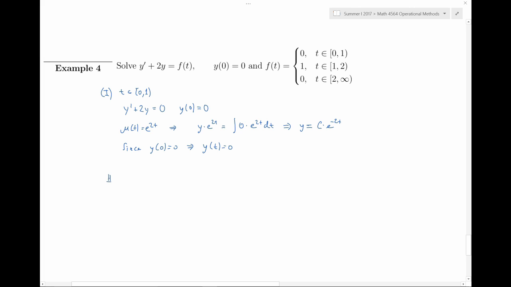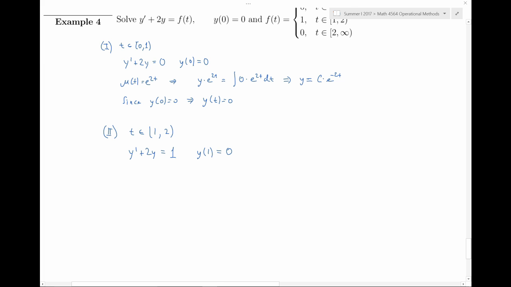The second interval, t belongs to 1 to 2, the equation changes, becomes y prime plus 2y equals 1. And the initial condition now is y of 1 equals 0, because previously the function was always 0.